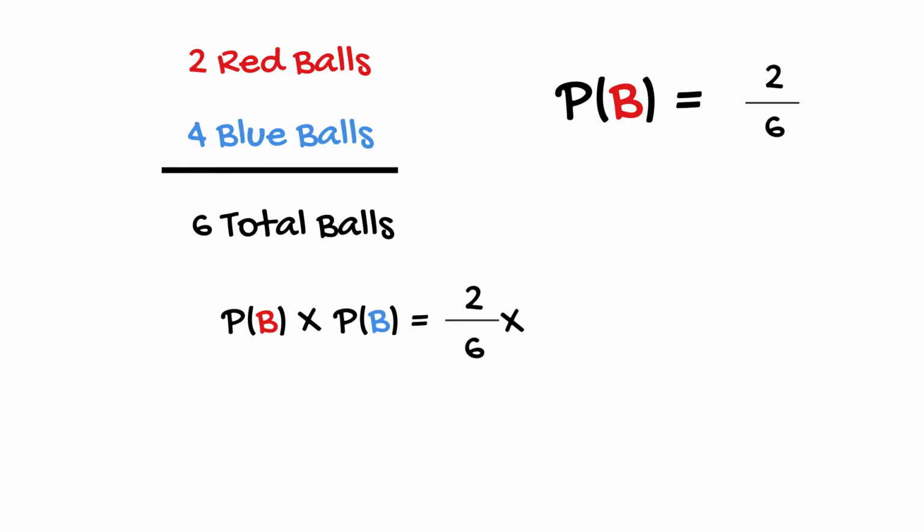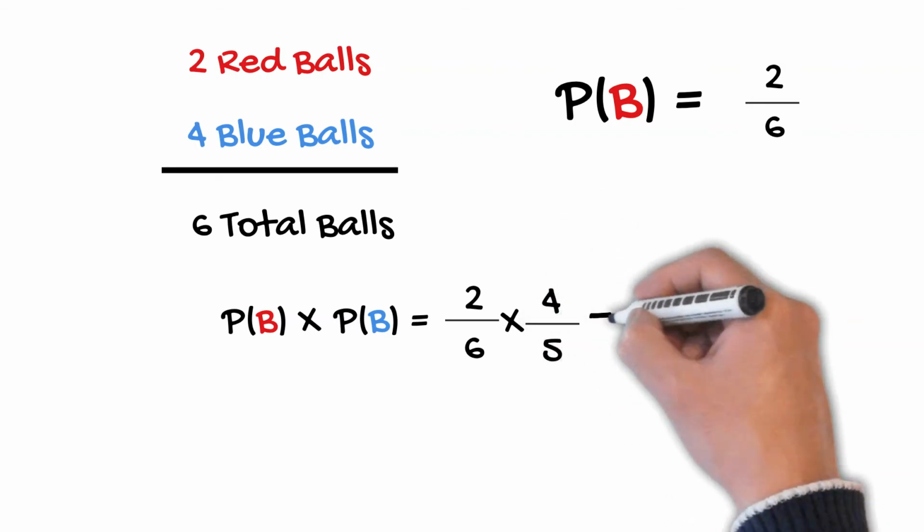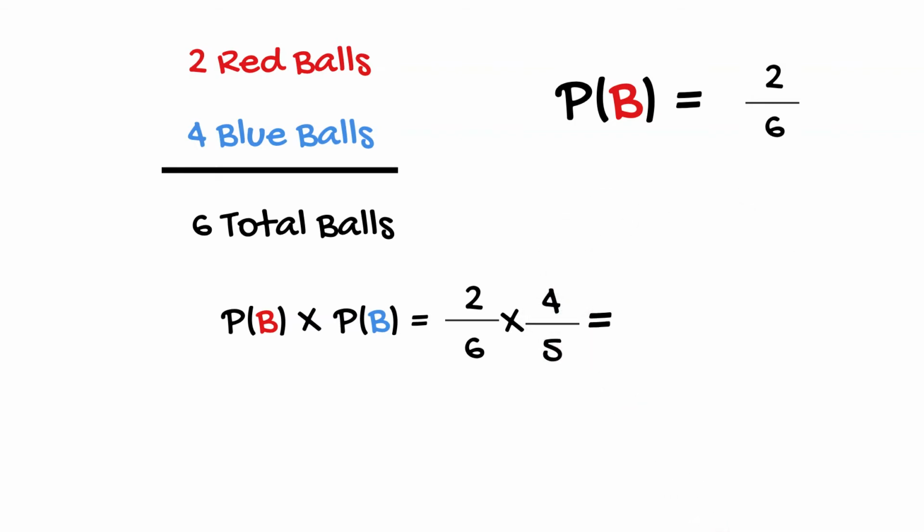the probability of getting a red ball, as we've already seen, is 2 out of 6. And that will be multiplied by the probability now of getting a blue ball. At this stage, 1 ball is gone. It is not replaced, so there are only 5 balls.